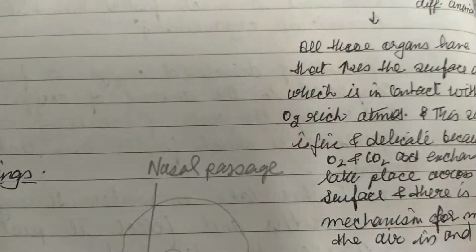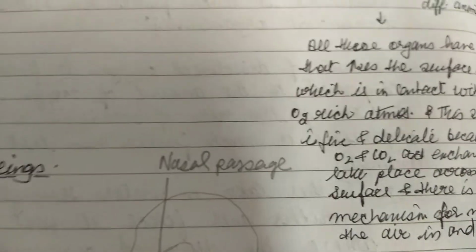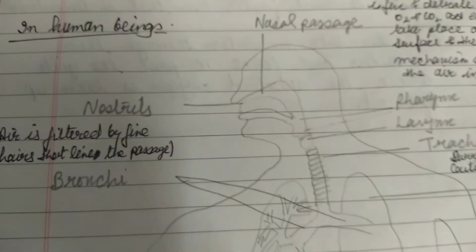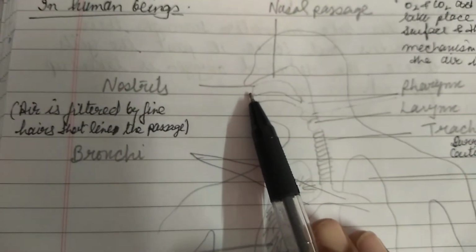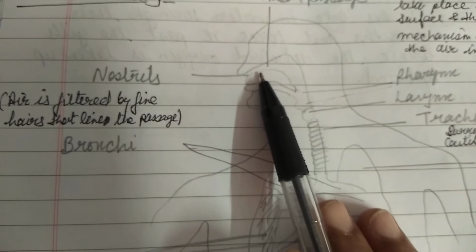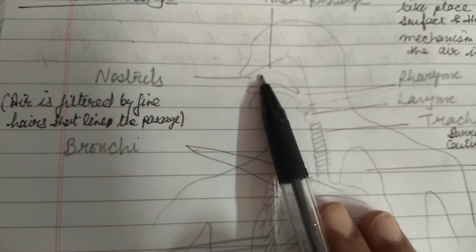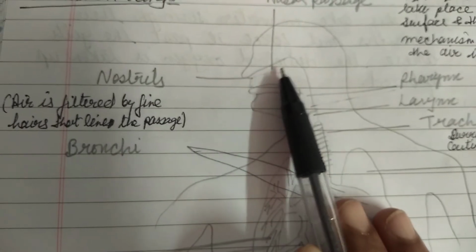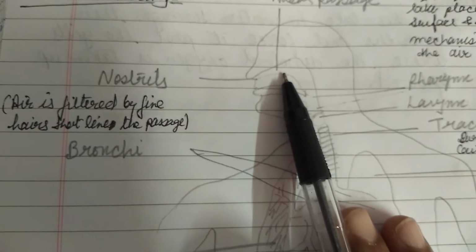Now, if we study the respiratory system in human beings and its structure, how is it? Outside there are the two nostrils, and these nostrils have fine hairs. The role of these hairs is to filter whatever air comes in.